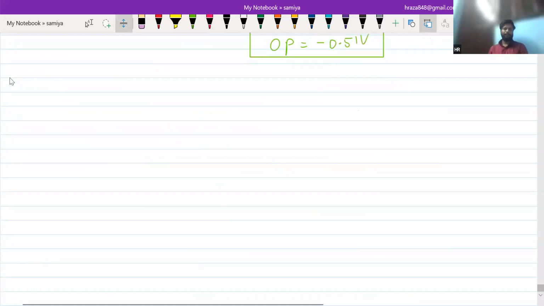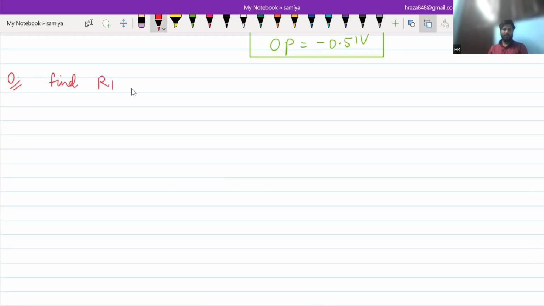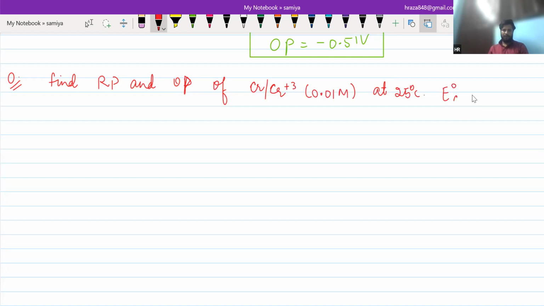Now I'm going to give you another question. Find the reduction potential and oxidation potential of chromium, Cr plus 3 slash Cr. Cr plus 3 has a concentration 0.01 M at 25 degree centigrade. Also, it is given that E naught of Cr plus 3 slash Cr is minus 0.75.